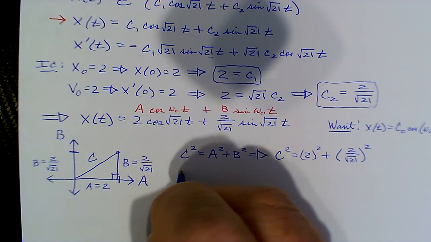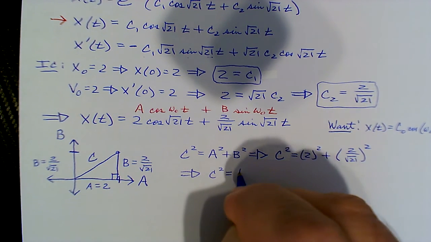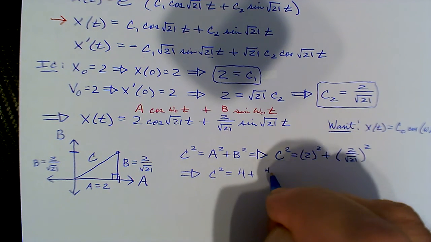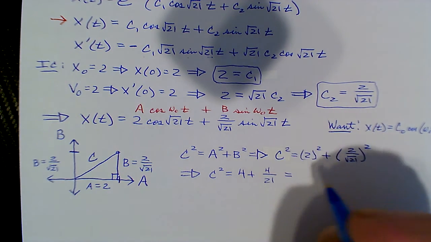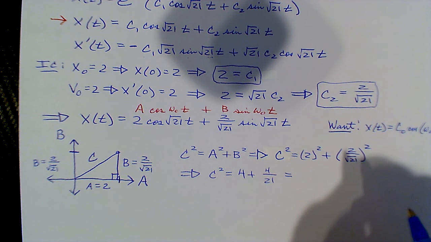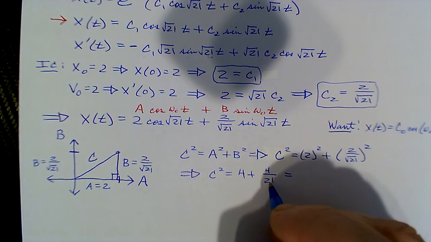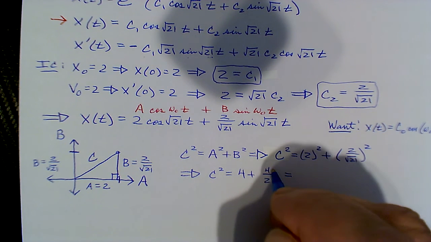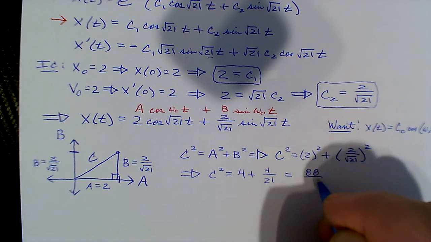So then we get that C squared is equal to 4 plus, squaring the 2, we get 4. Squaring the square root of 21, we get 21. And then a common denominator of 21 gives us 4 would be 84 plus 4, so 88 over 21.